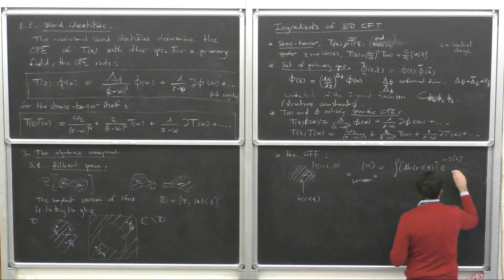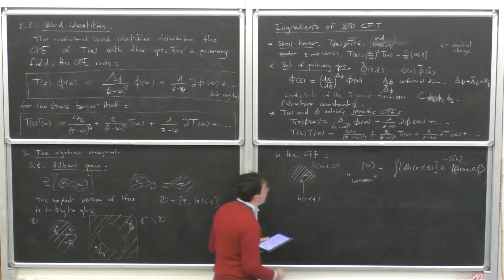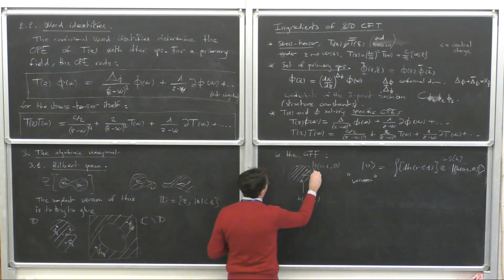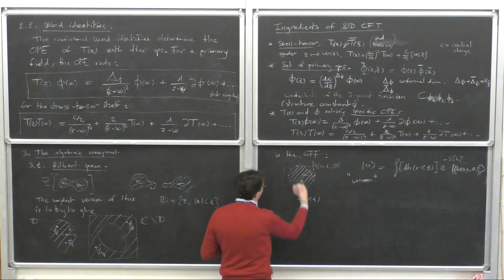Let me just write it properly. So h at r equals 1, we integrate as a function of theta, like this. Okay, so we fixed some configuration of the H field around, we integrate out the degrees of freedom.